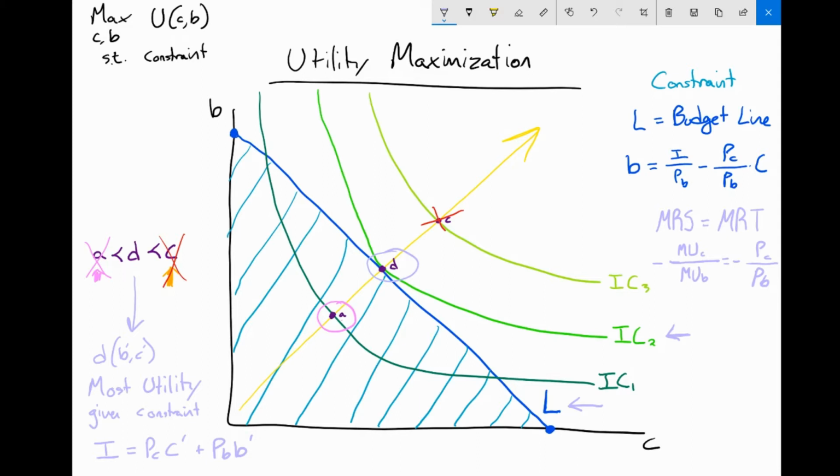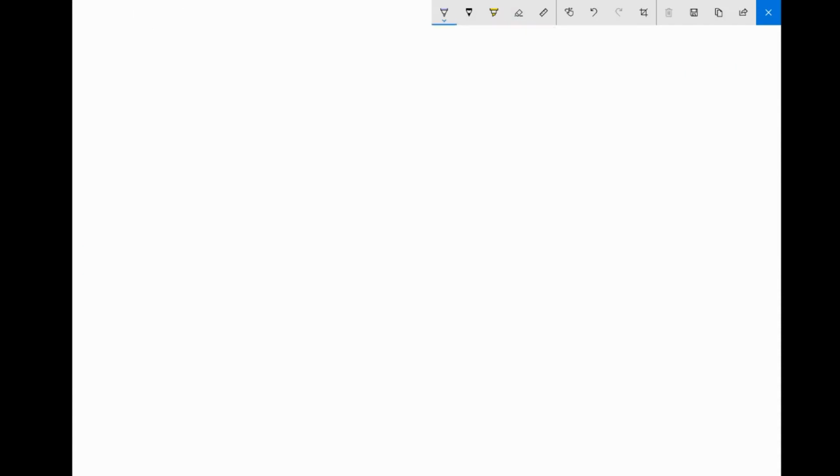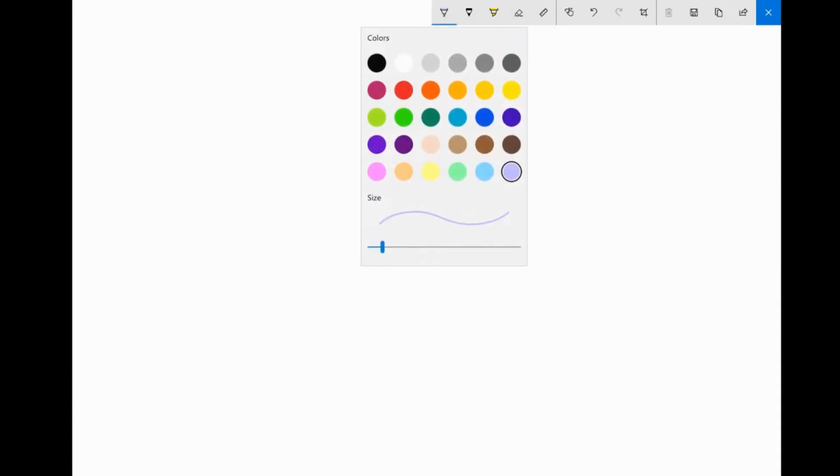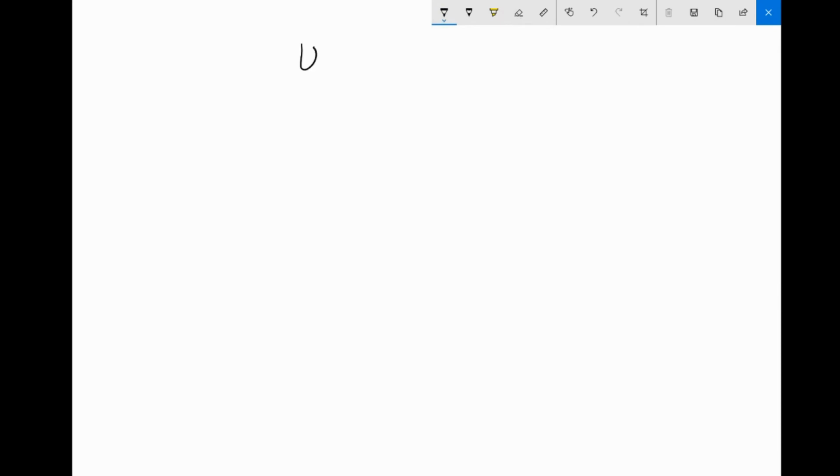I want to give an illustration of what it looks like to maximize utility mathematically. What we're going to do is utilize constrained optimization, what we reviewed in the math review. So let's go there now. Utility maximization.